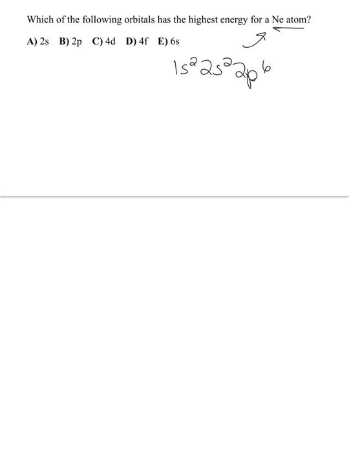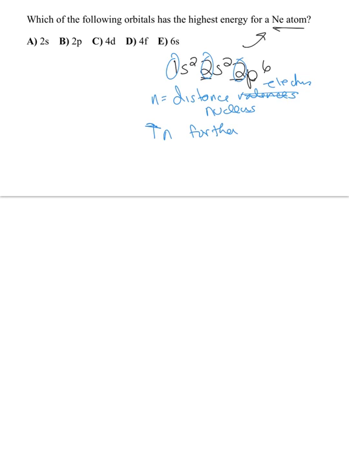The n number is the principal quantum number. It's the distance your electrons are from the nucleus. So if you increase your n number, the electron is further from the nucleus, and therefore it has higher energy.